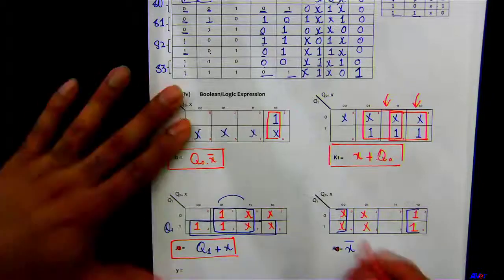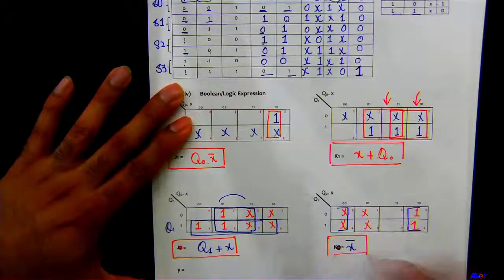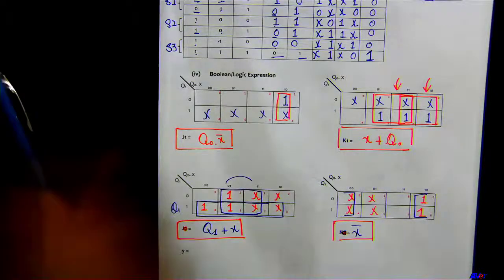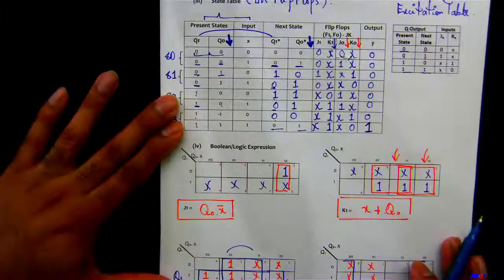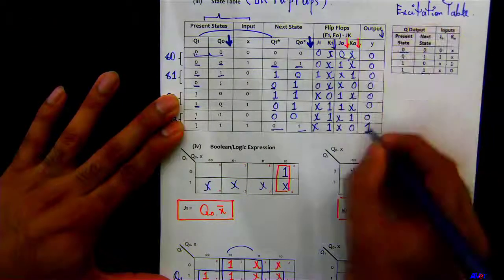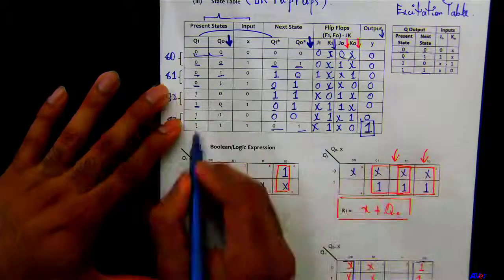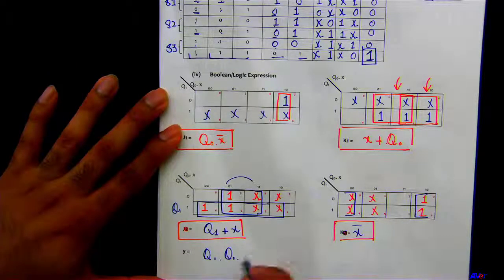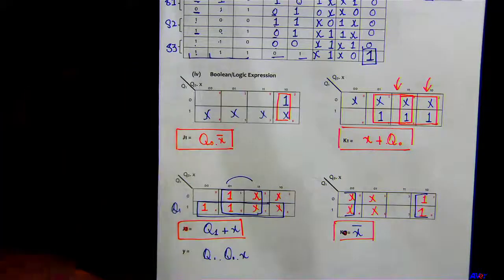X bar. What about the Y? What would be the expression for Y? There's only one min term, correct? If you look at the Y output, right here, there's only one min term, which is this one, right? So we'll just go with this expression right here, which is what? Q1 dot Q naught dot X, correct?